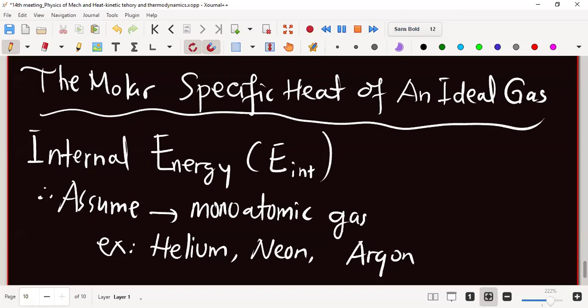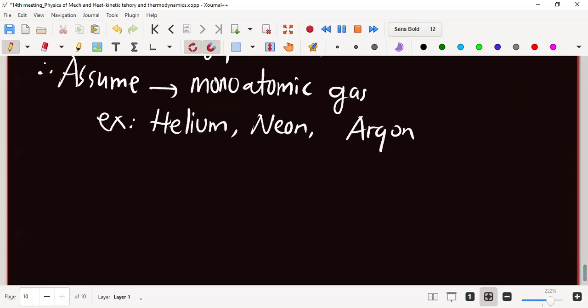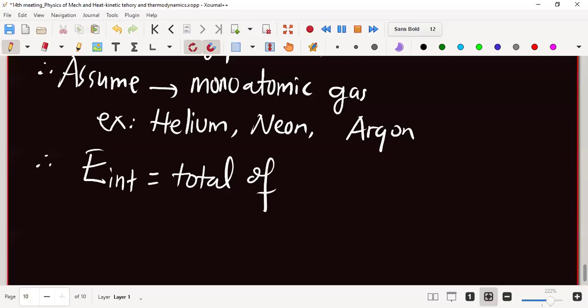And then the next assumption is that the internal energy is the sum of the translational kinetic energies, the total of translational kinetic energies.